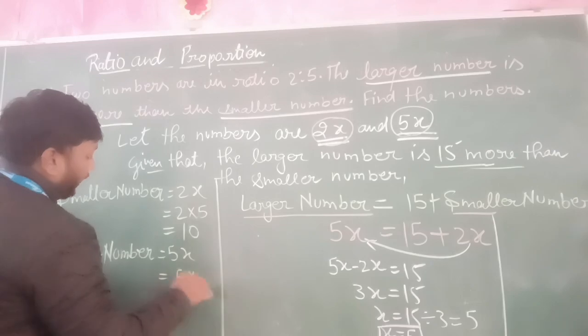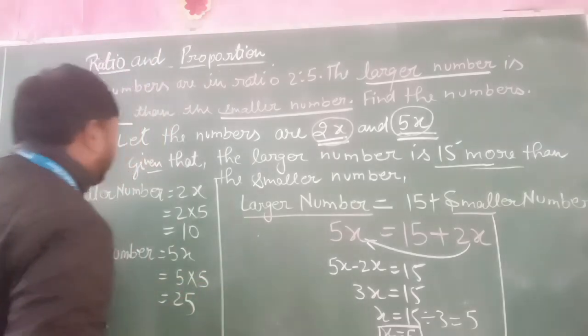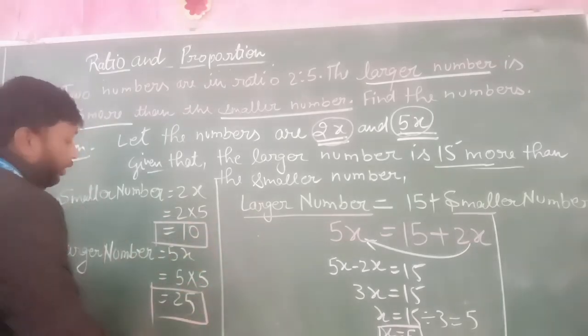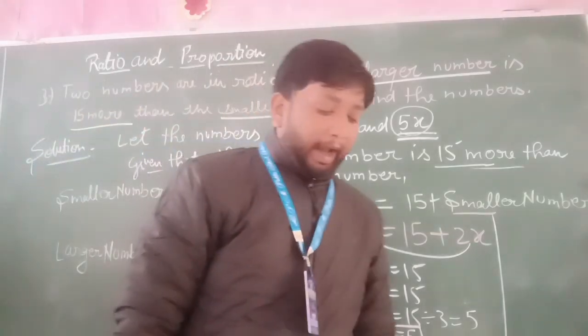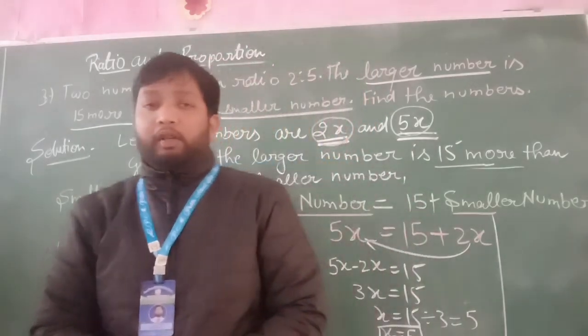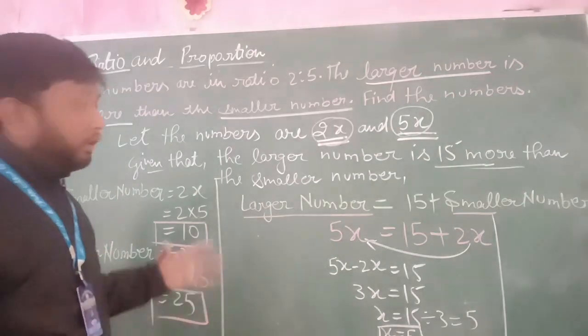So 5 into 5 is equal to 25. So we got the smaller number is 10 and the greater number is 25. This is how we solve this question completely.